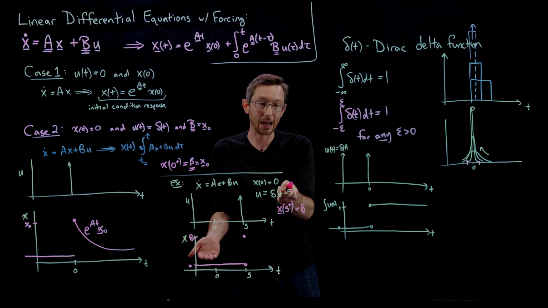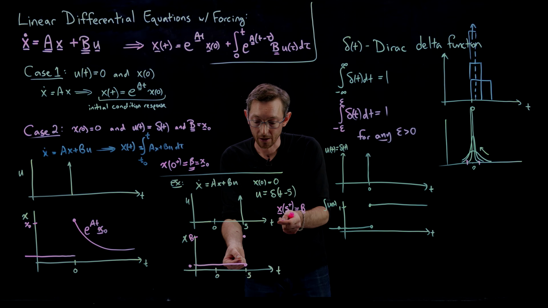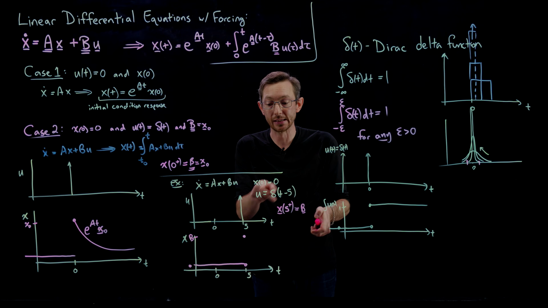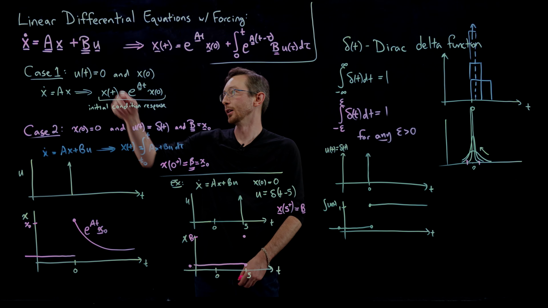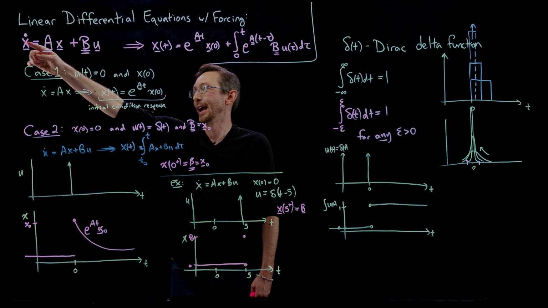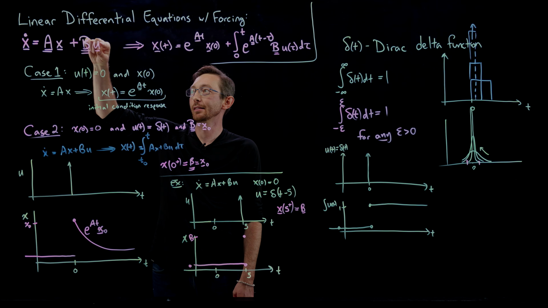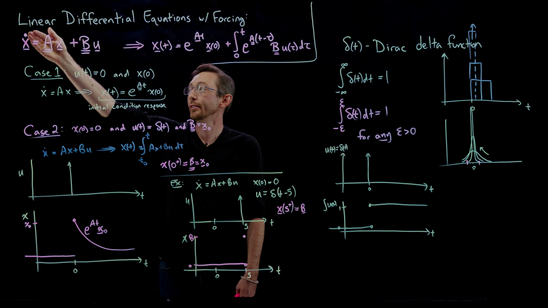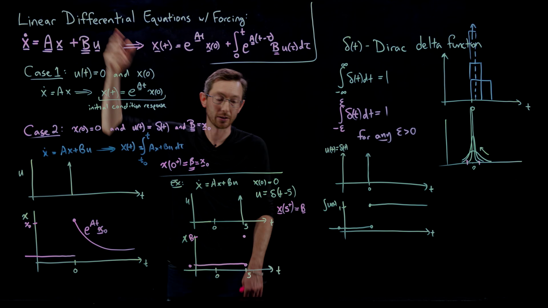And immediately at time 5, x jumps up to a value equal to b because of this impulse in u. If I integrate this thing, then immediately when it gives me an impulse in energy and integrates to 1, x at that time equals this b vector. Okay?